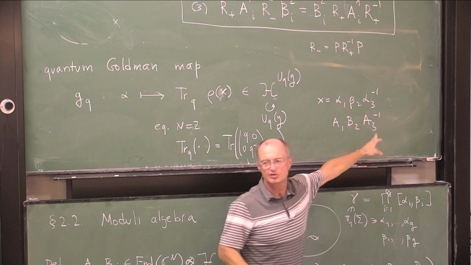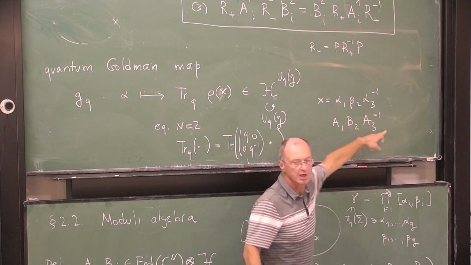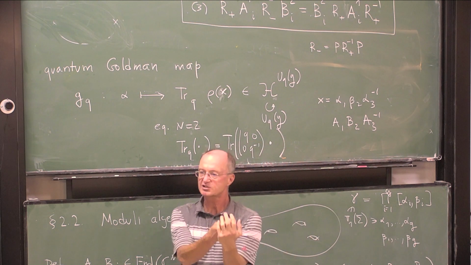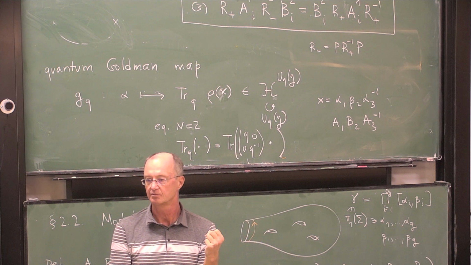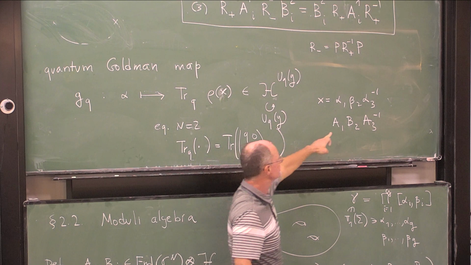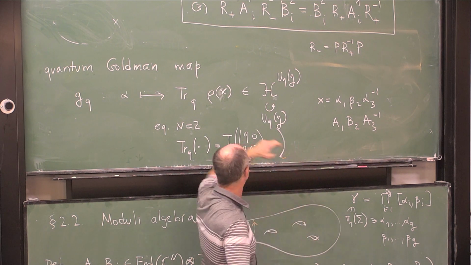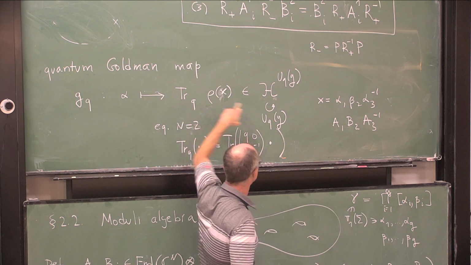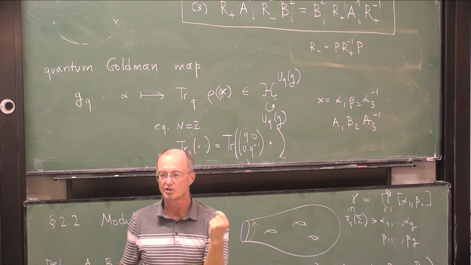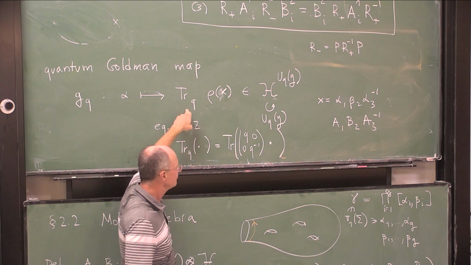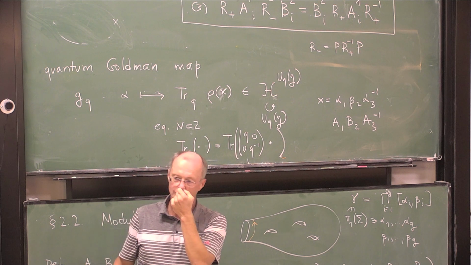Of course I should explain what A3 minus 1 means. We multiply them, and their matrix entries are elements of my algebra. So I get a matrix whose matrix entries are elements of H. I apply this quantum trace, I obtain an element of H. This quantum trace has the feature that this element will be invariant under the UQ of G action.